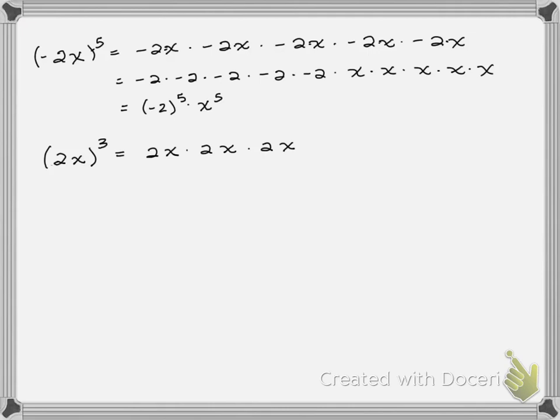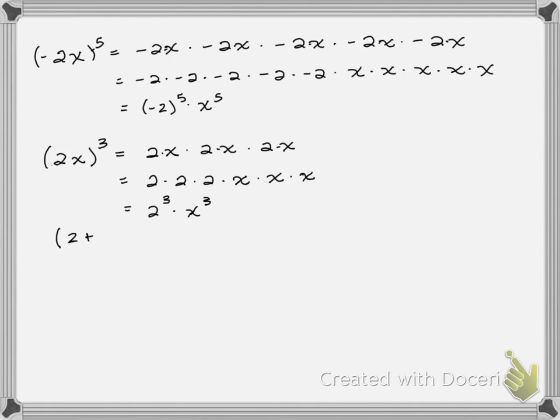And because it's all multiplication, I can rearrange my factors. I can say, okay, this is really just 3 factors of 2 and 3 factors of x. All I have to do is rearrange them. And I can do that because it is all multiplication. And so it's okay for me to write it like this.